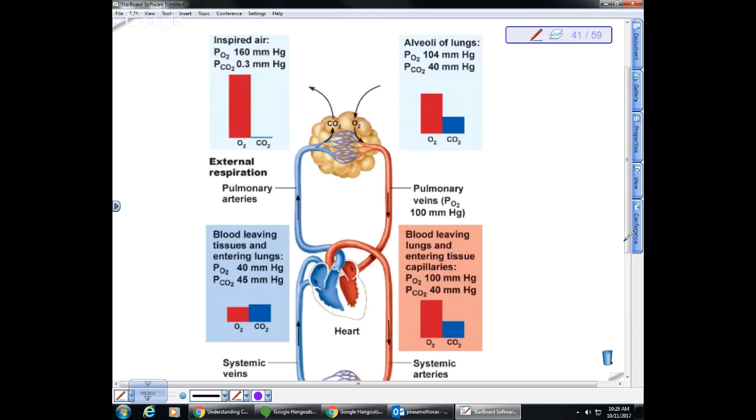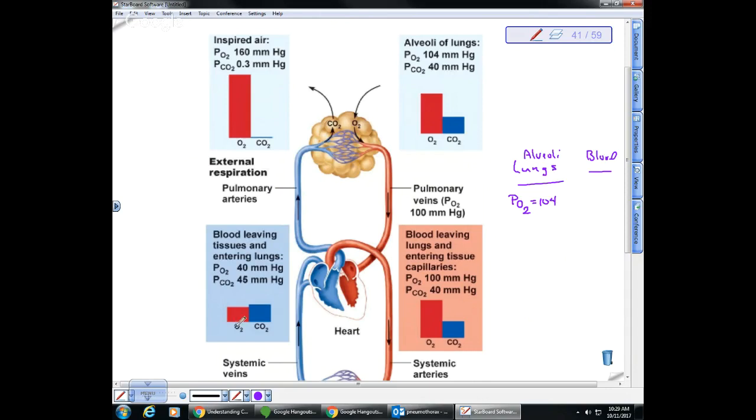Okay, so if we put lungs here, this would be alveoli, and then we put blood. If we look at the concentration of oxygen in the lungs, PO2 equals 104.